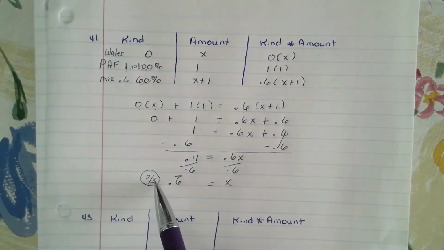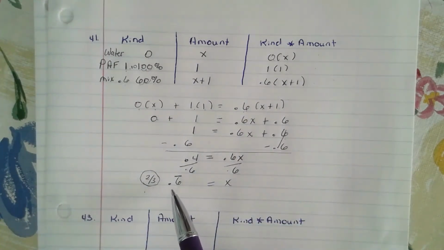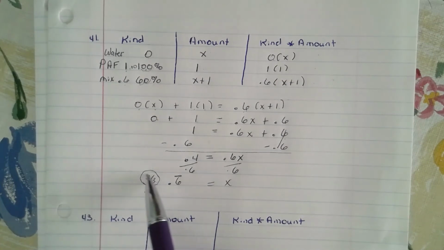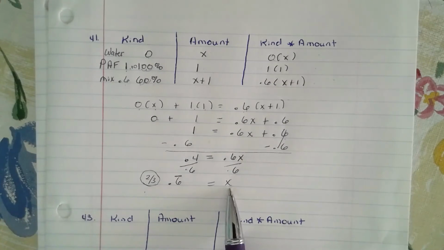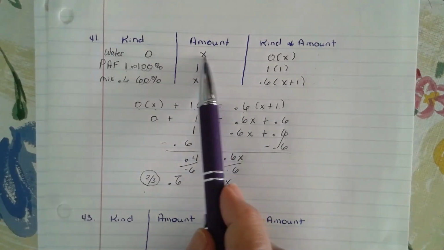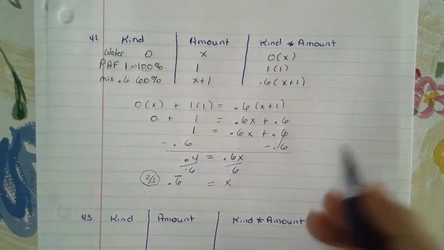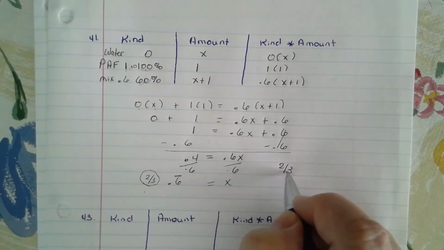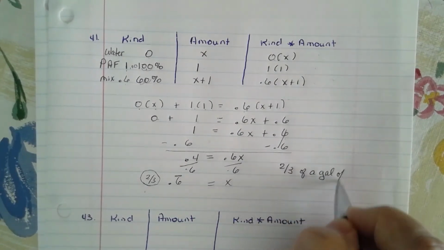Would you actually measure something as 2/3 of a gallon as opposed to 0.6 of a gallon? So this would probably be the more common measurement. So we've got 2/3 equals X, and what did X represent? The amount of water, and that's what the question was asking us, was how much water. So our answer is 2/3 of a gallon of water.